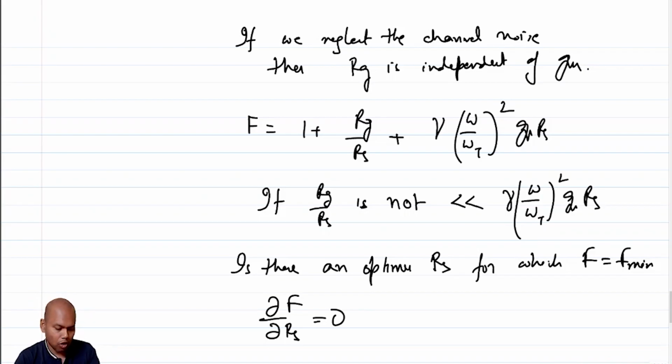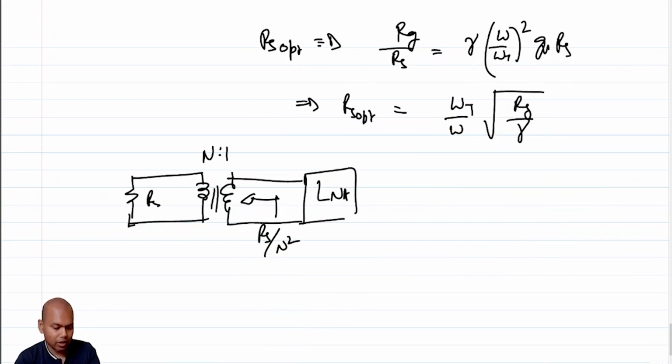Now note that these optima conditions that we found did not necessarily hold true if you consider the effect of channel noise in Rg, because in that case the channel noise is also a function of Gm. You can do the math and you will come out with a different optima. But the key point to note is that through this noise analysis and through this example of this prototype LNA, we could at least have an idea about how to go about designing something for low noise requirement.